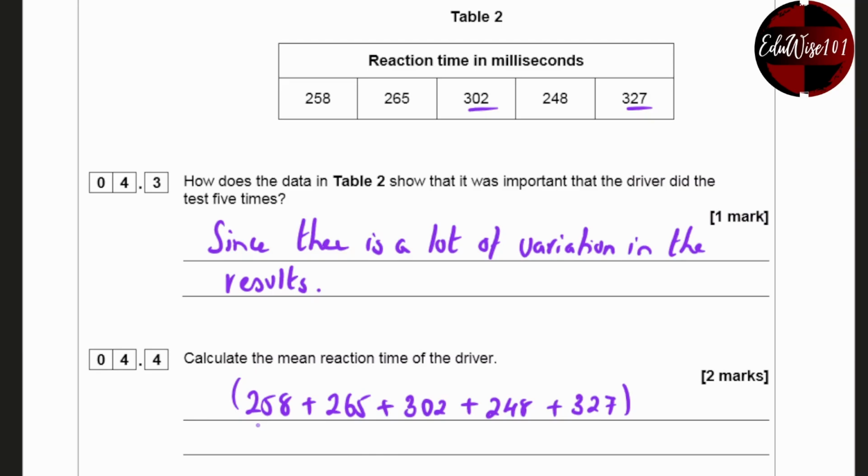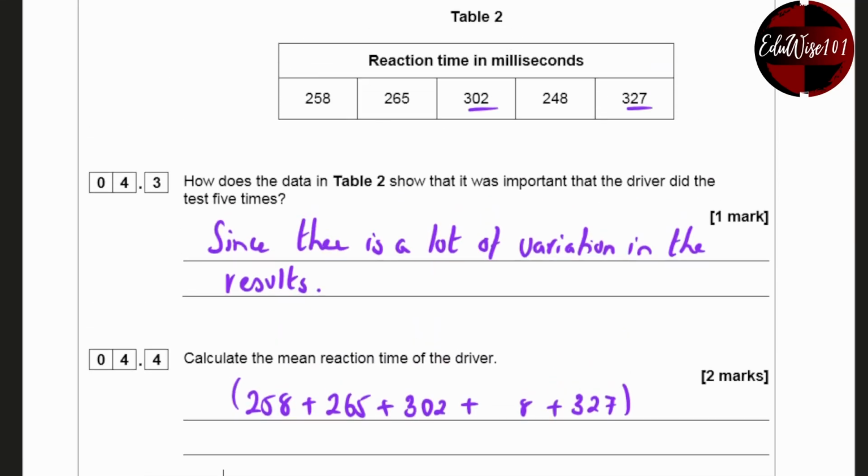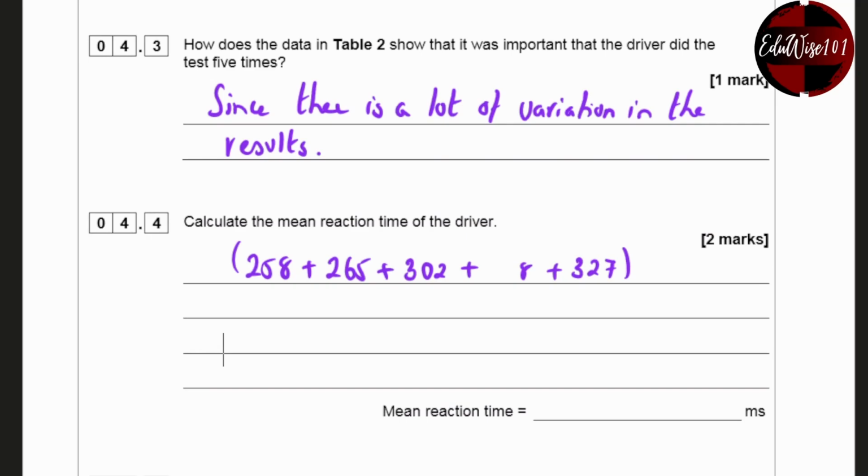You can do this straight in your calculator. And divided by the number of values, which is 5, and you would get 280.